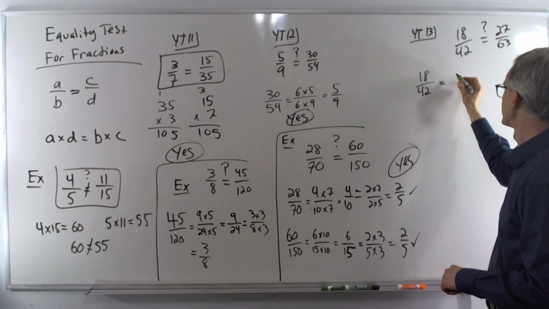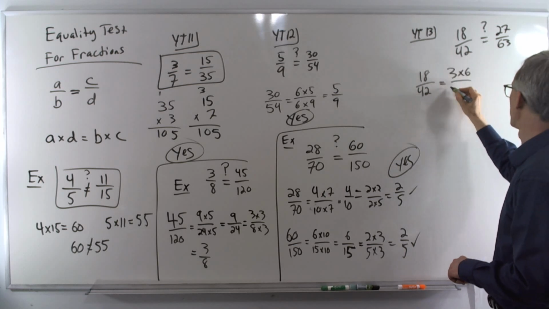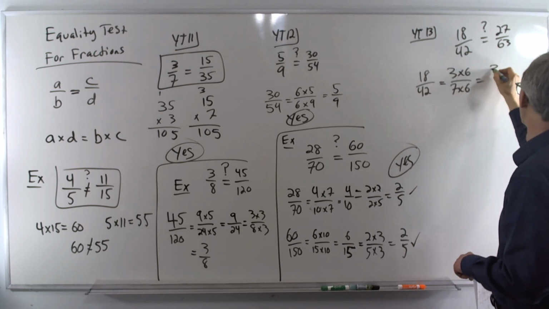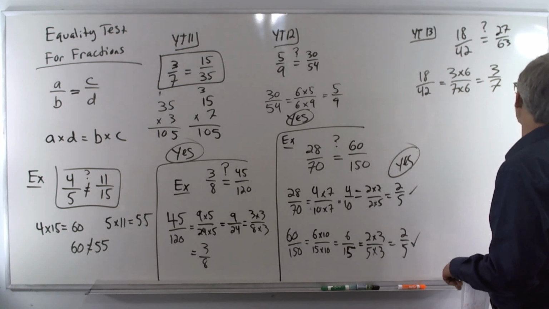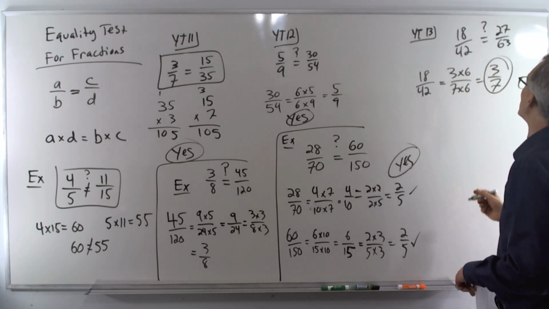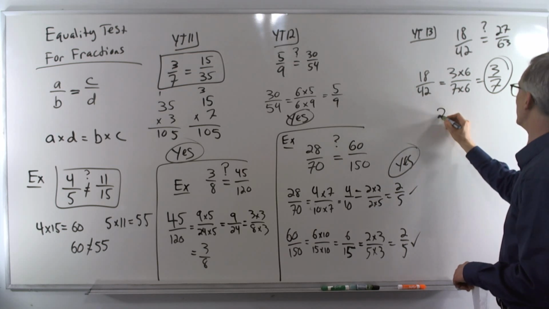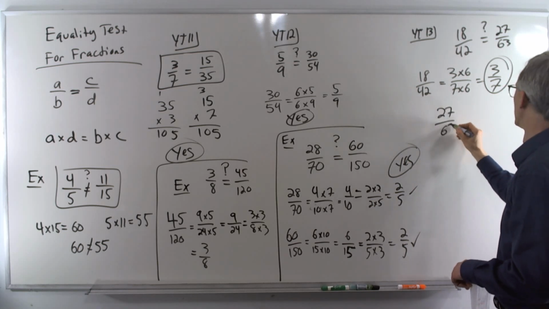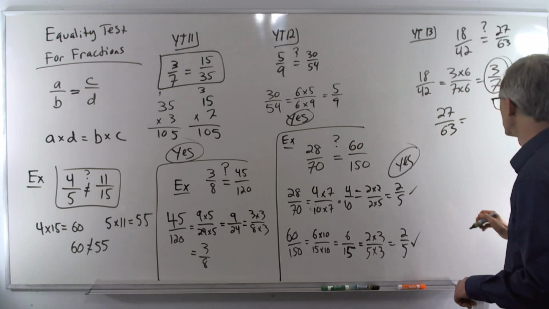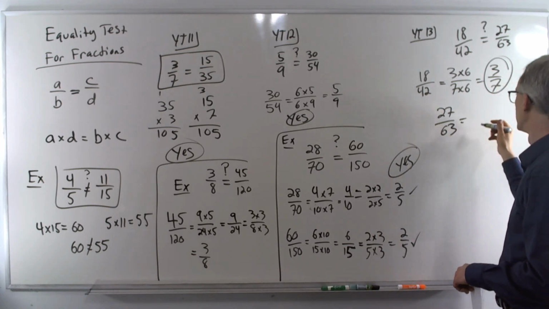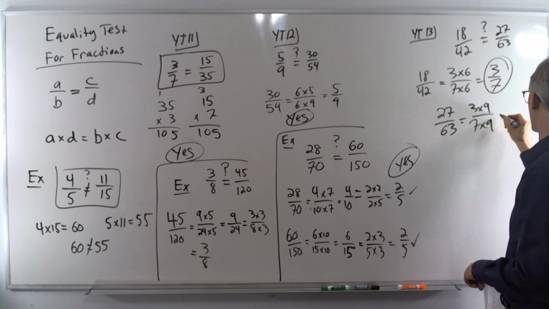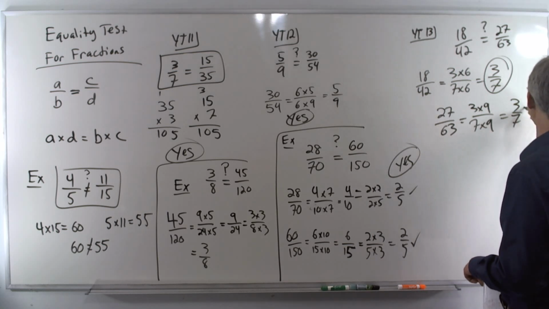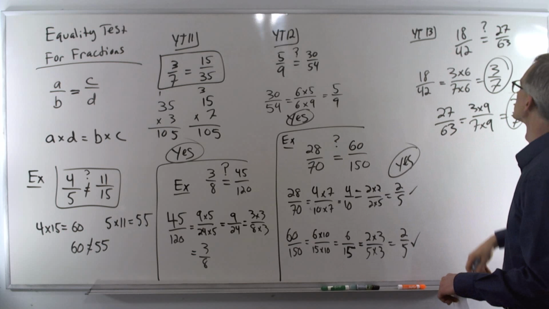Those are both divisible by 6. We got 3 times 6 on top and 7 times 6 on the bottom. 3/7. All right, 27 over 63, these are both divisible by 9. So we got 3 times 9 on top and 7 times 9 on the bottom. 3/7. So those are equal.